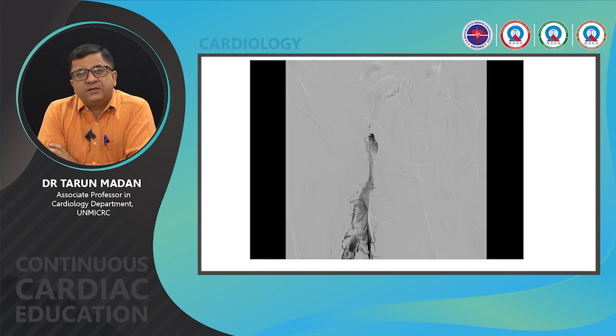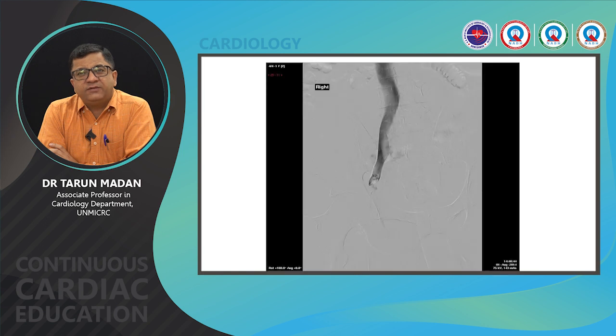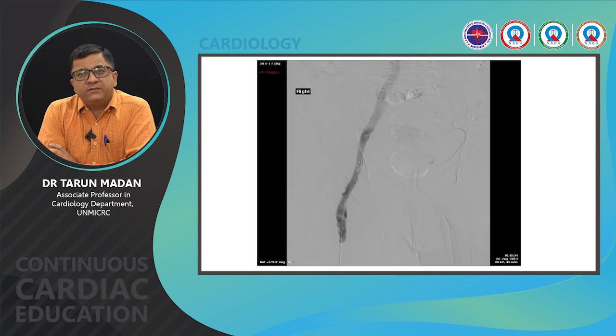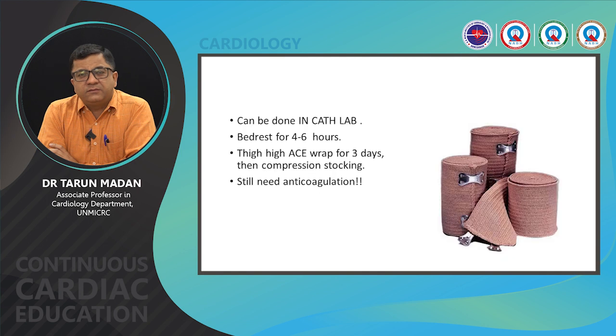This is how the external iliac vein, common femoral vein, and common iliac vein, everything is occluded. And then once you do Trellis, it is 100% clearance of the clot. Bed rest is given 4 to 6 hours, and then you wrap the limb with compression stockings, and anticoagulation is prescribed.